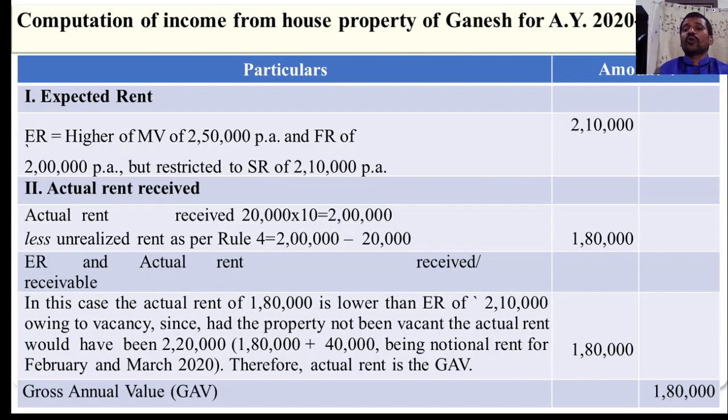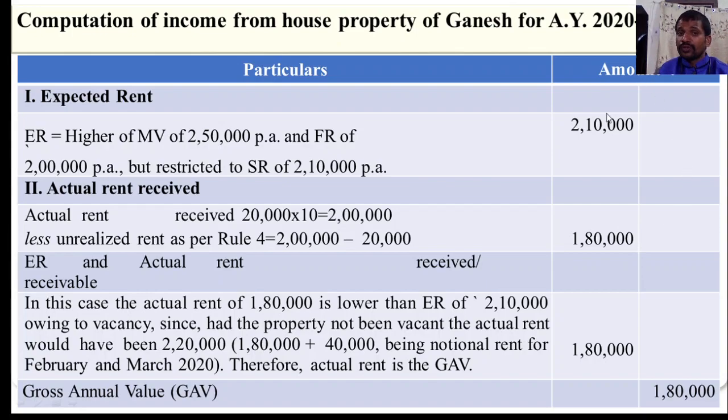Here still 1 month's rent was unrealized, so that unrealized rent has to be deducted again out of 2 lakh. 20,000 has to be deducted. The actual rent is 1,80,000 only.